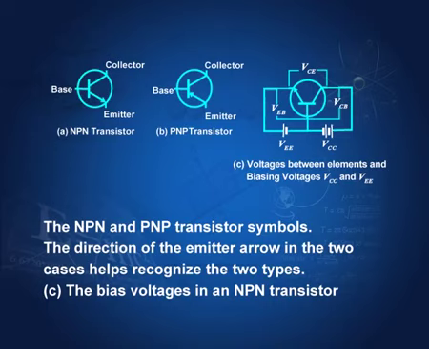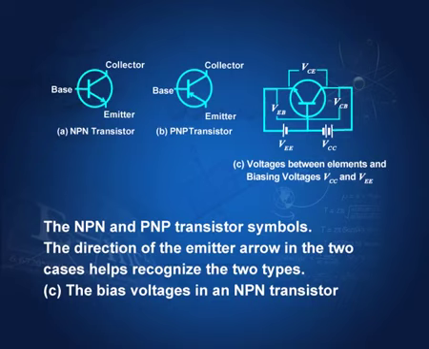If the arrow goes inside, then it is a p-n-p transistor, that is, the base is n and emitter and collector are p type semiconductors. Here the base is p and collector and emitter are n type semiconductors. And here are the voltages between the various layers.